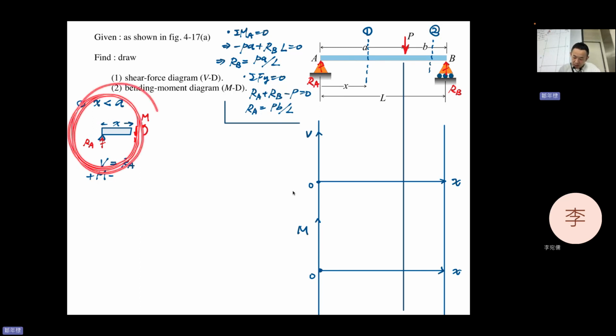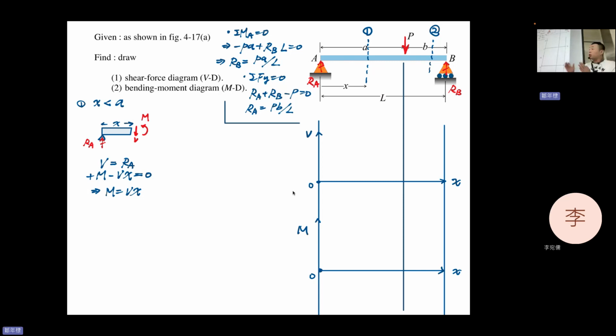V rotates about point A, right? V is clockwise, so it's minus. So minus Vx, the force on this x, equal to 0. So it gives us M equal to Vx.